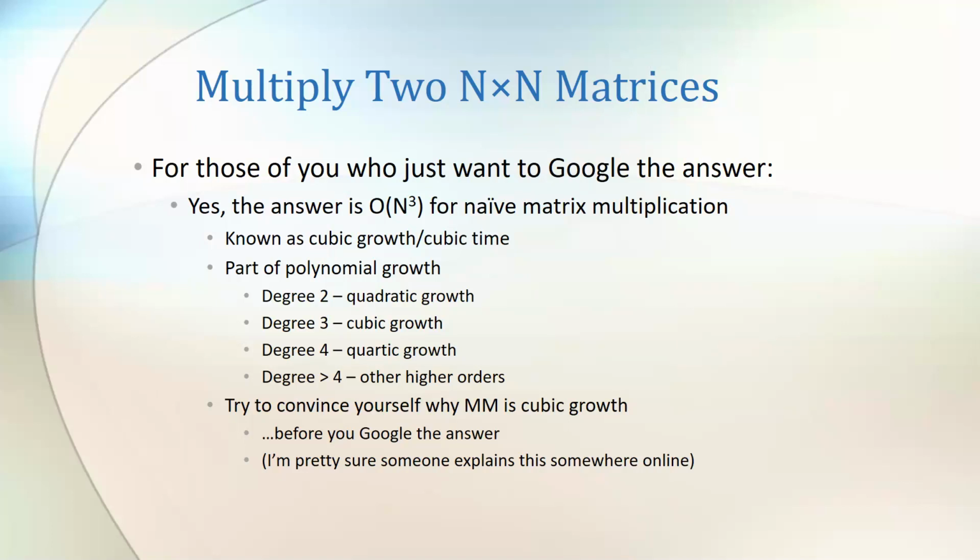What I'd like you to do, just for your own practice, is to get accustomed to this. This one's a little more difficult, but try to convince yourself why matrix multiplication is cubic growth. If you sit down and do a matrix multiply by hand, you'll see. If you're stuck and can't do it, I'm sure Google has the answer. It's a pretty famous one.